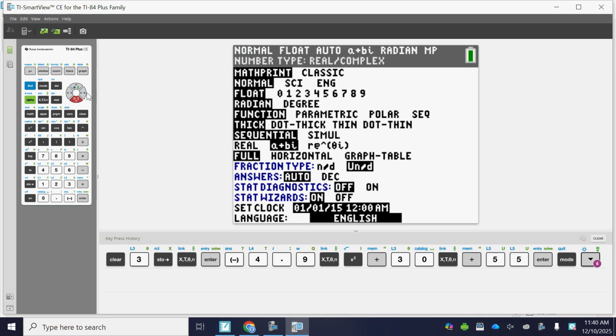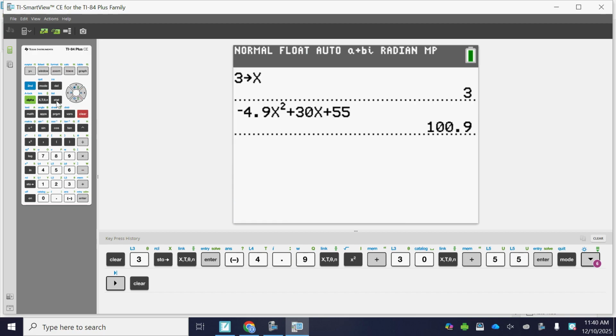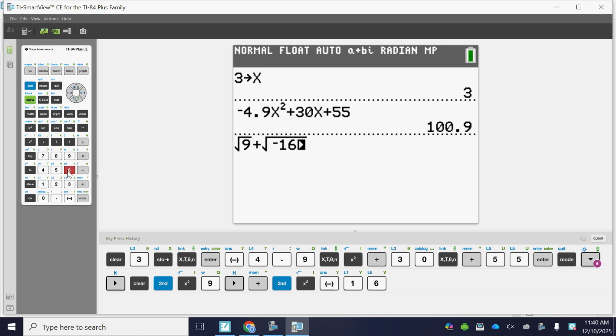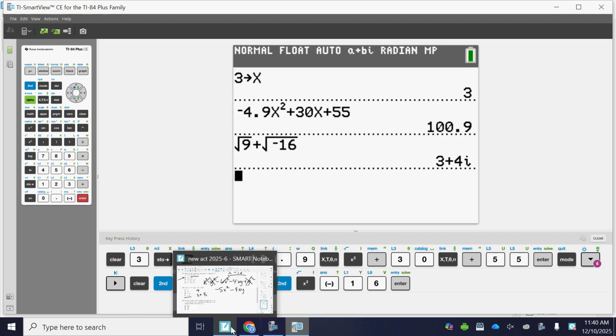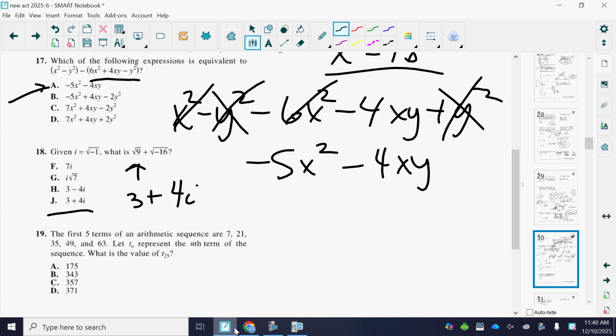If you're in a plus bi mode, it'll do imaginary numbers for you. So all I have to do is type in the question. What's the square root of 9 plus the square root of negative 16? Easy cheesy. Okay? So if you're in a class and you haven't had imaginary numbers yet, don't worry. The calculator will take care of you.